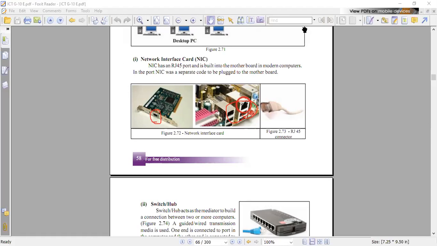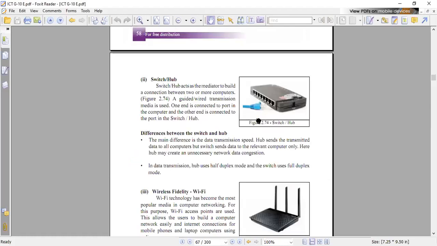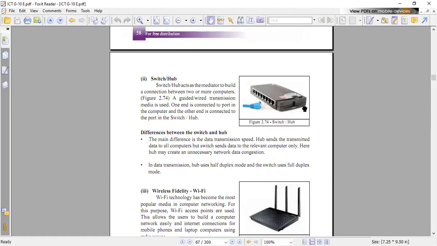Then next one, write down second one, switch or hub. Now you can see. So actually by looking at, we can't understand whether it's a hub or switch. Both seem or look like the same.